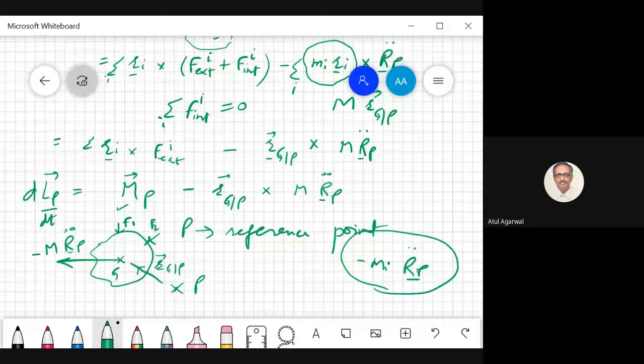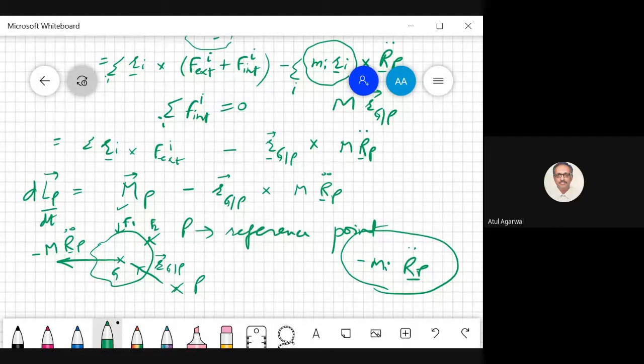Now you are finding the moment of all the external forces plus this pseudo force or inertial force that you are assuming is acting at the centroid. Because your reference point is having an acceleration equal to Rp double dot, with respect to that reference point, you have written your equation. Is it all right?